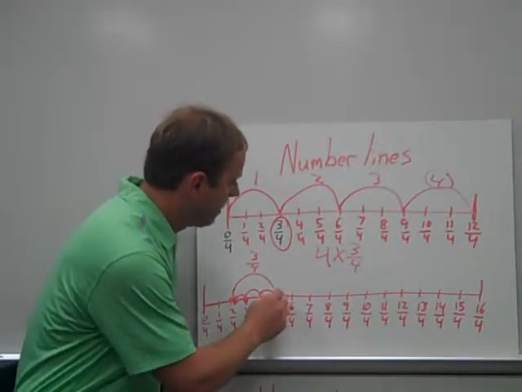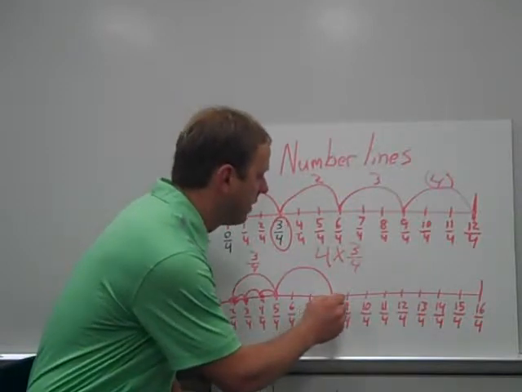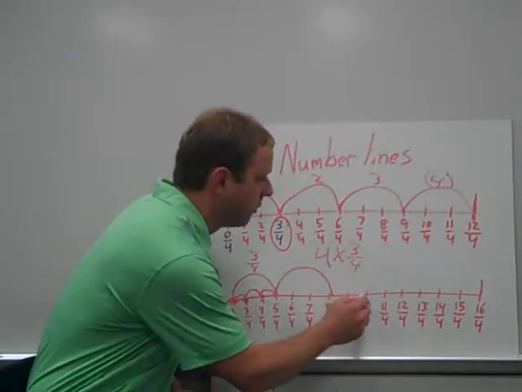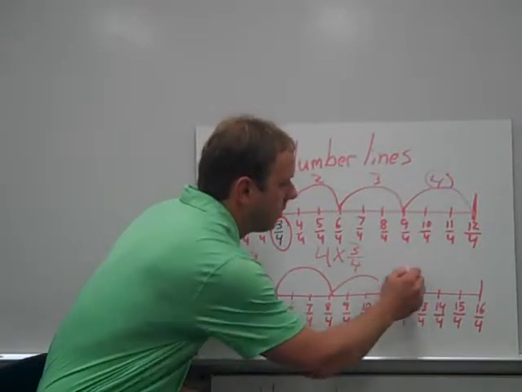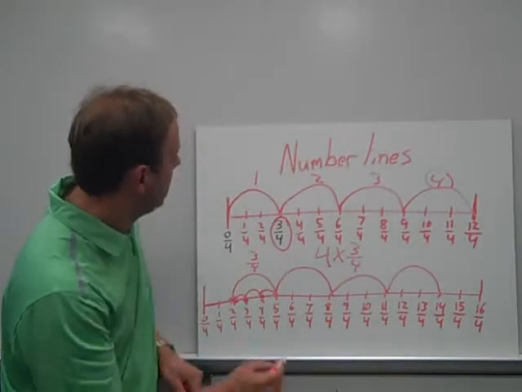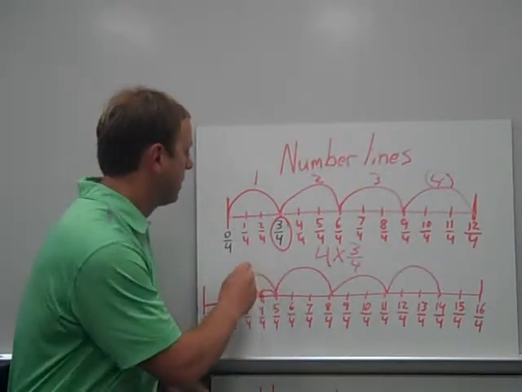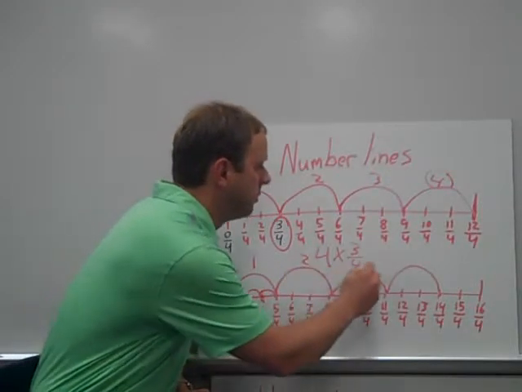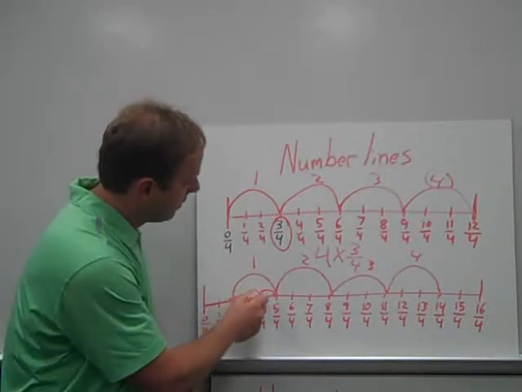And then again, we are leaping in leaps of 3/4. So 1, 2, 3 more fourths, 1, 2, 3 more fourths. And then you would take the same strategy, numbering each of these, 1, 2, 3, 4, and then determining that interval in between.